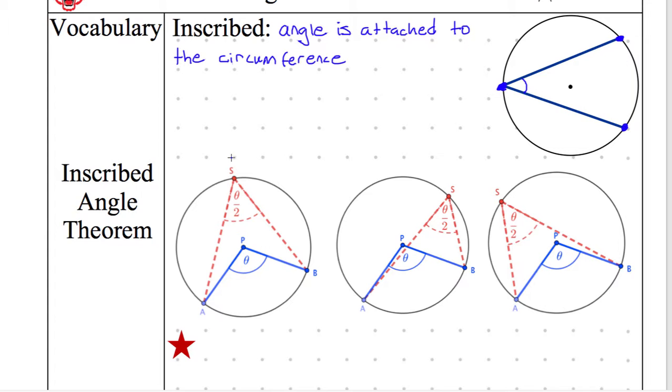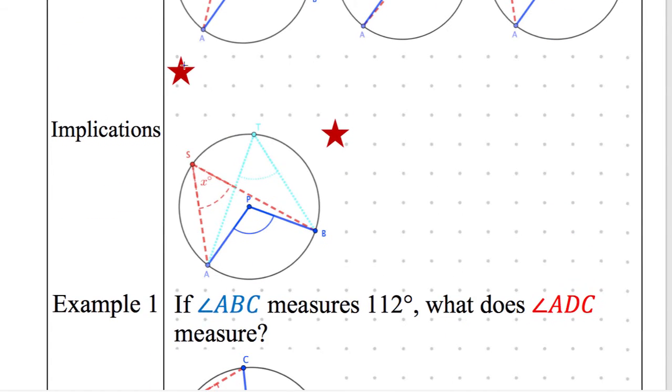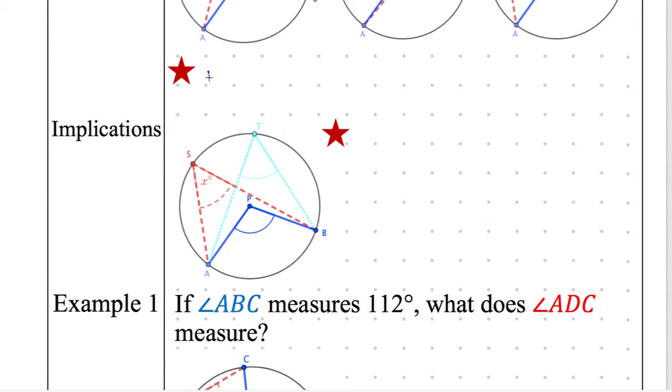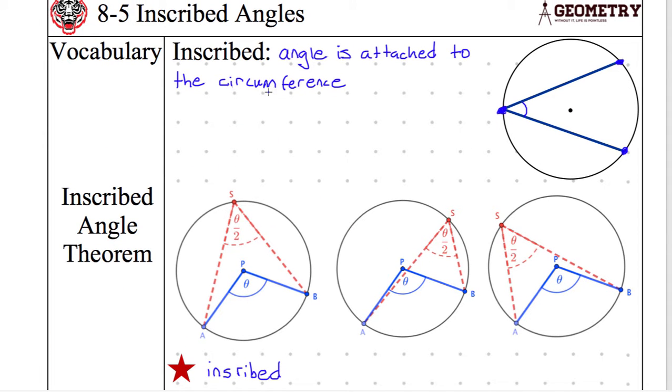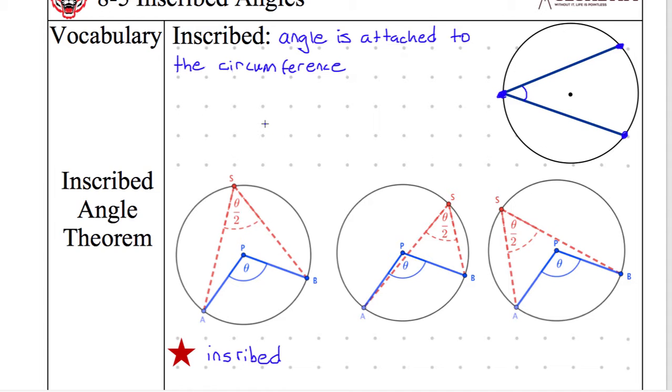All right, so what we're going to write down is that the inscribed angle on this star, the inscribed angle is attached to what? Attached to the circumference. The angle is attached to the circumference. Inscribed.